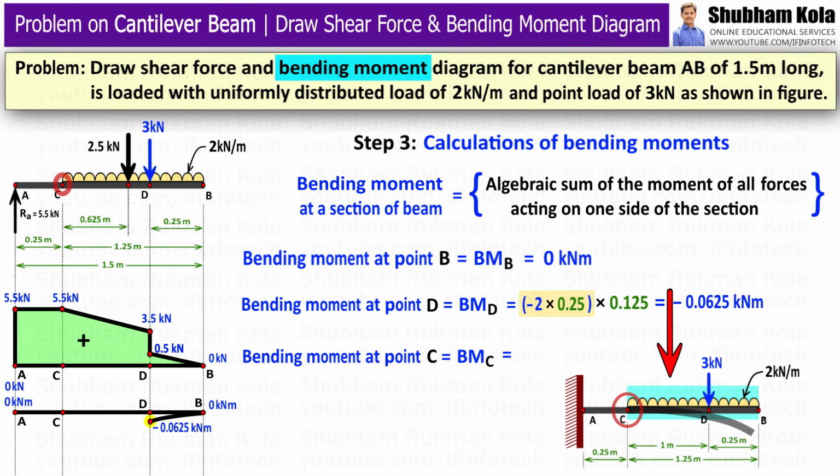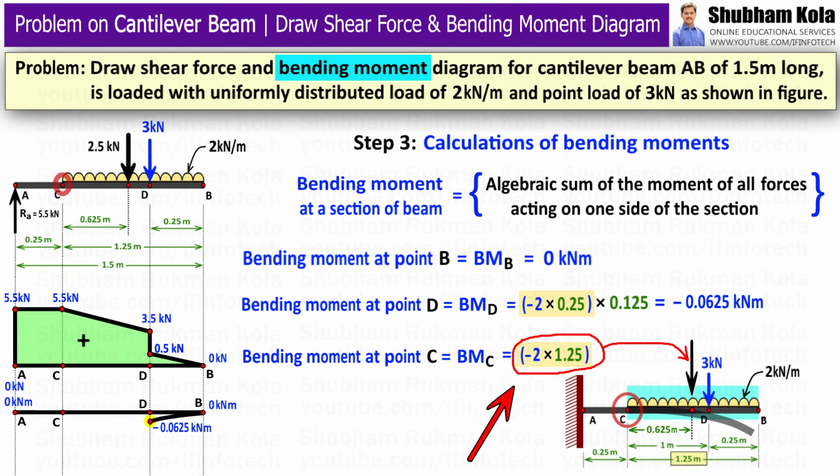So firstly I will convert this whole part of the UDL into a point load, that is minus 2 kN per meter into distance 1.25 meter. This point load is acting on the midpoint of the UDL, that is half of 1.25 meter, that is 0.625 meter. And I will multiply this converted point load with the distance from the point of action of force, that is 0.625 meter.